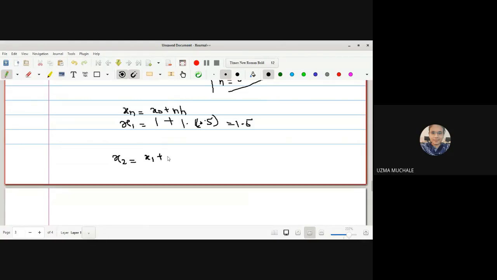Similarly, x2 is x naught plus 2 times h. X naught is 1, so 1 plus 2 into 0.5, and hence we get the value of x2.